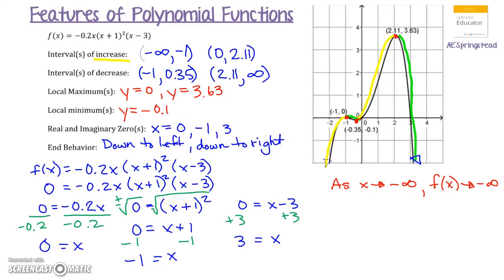For the right-hand end, we can say as x approaches positive infinity, in other words, as we're going to the right out here on our graph, I can see that the y values are going to negative infinity again. So then we can say f of x approaches negative infinity. So that's another way to write end behavior if you don't want to write it using words.